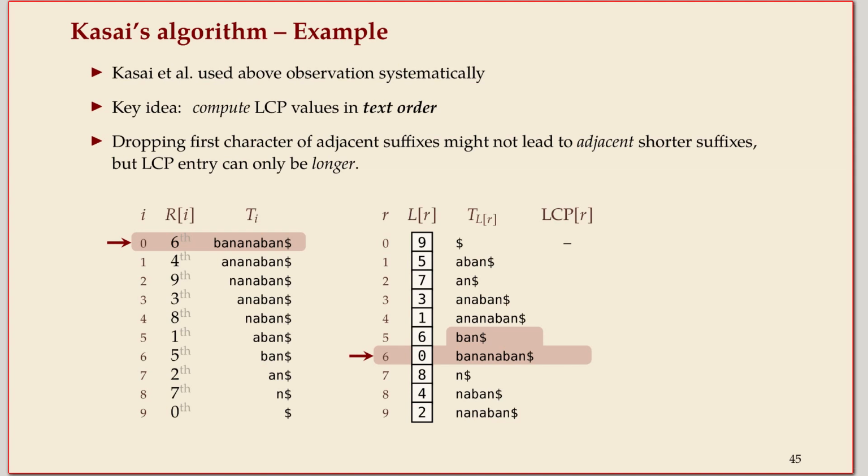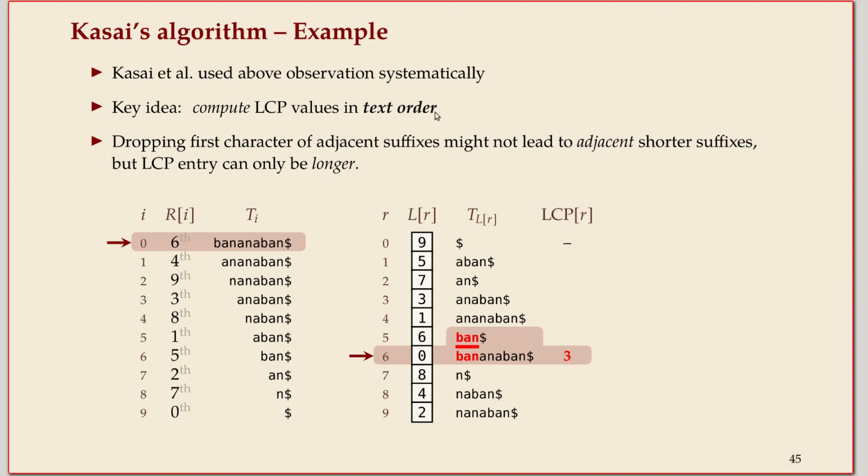Now comes the naive part. We just start comparing characters until we find a mismatch. And in that case, the first 3 characters are the same, then they differ, so the longest common prefix between those two suffixes is 3. Now comes the important step.